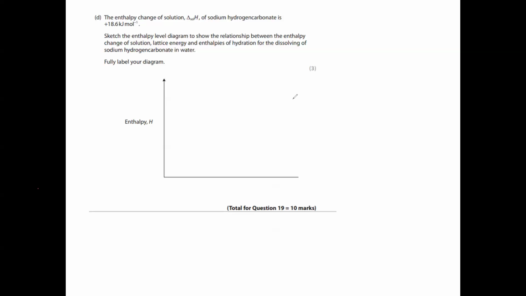They are talking about the enthalpy change of solution of sodium hydrogen carbonate, that is sodium bicarbonate, NaHCO3. When you dissolve it in water, you get Na plus and HCO3 minus.